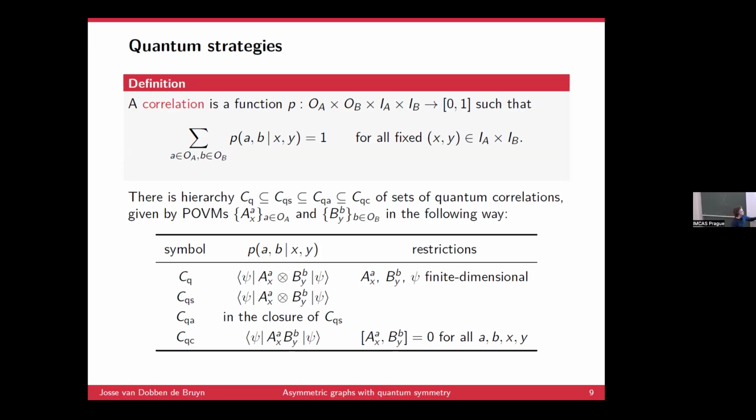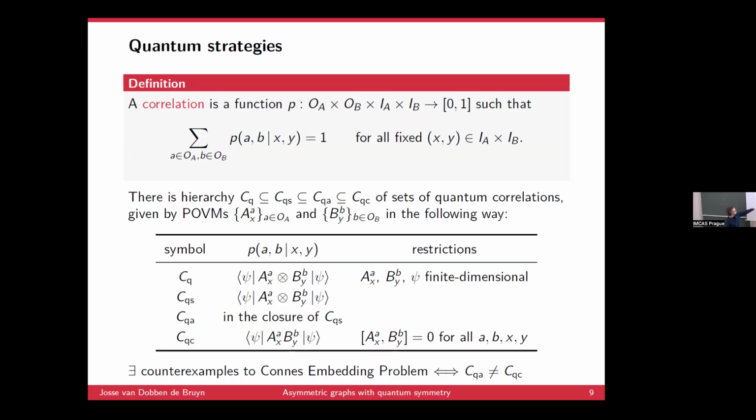For a long time, it was not known whether, if we take the closure of these finite dimensional tensor product strategies, we can then approximate every quantum commuting strategy. And for a long time, it was also known that this question was equivalent to Connes' embedding problem.